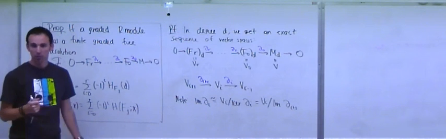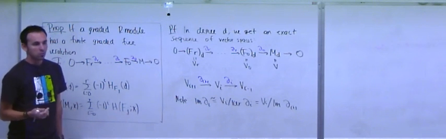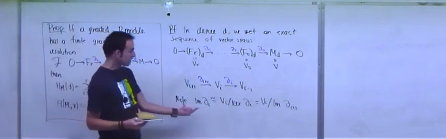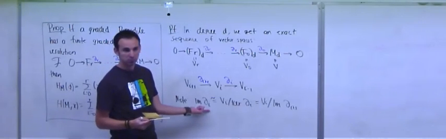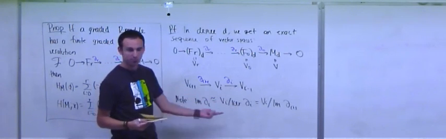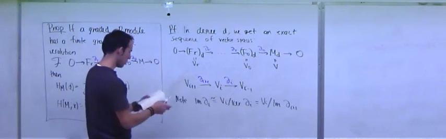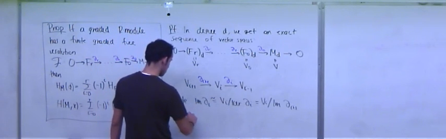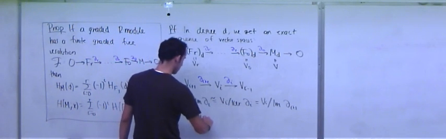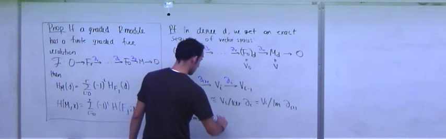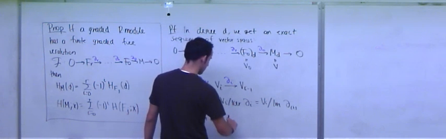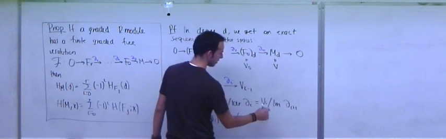So we're good so far? So what do I have here? I have two vector spaces that are isomorphic, and that means that they have the same dimension. Okay? So the dimension of the image of delta I is equal to the dimension of this thing right here.